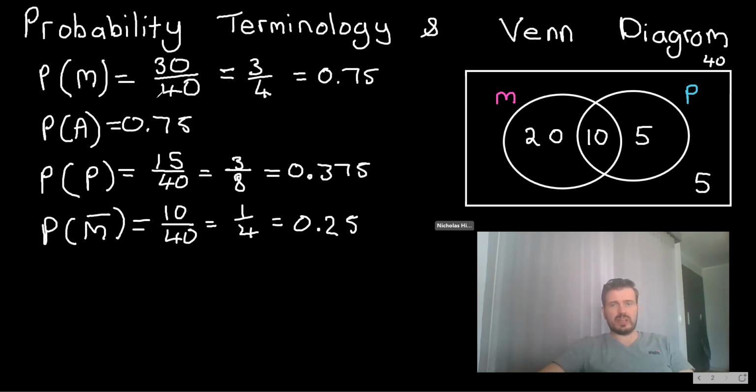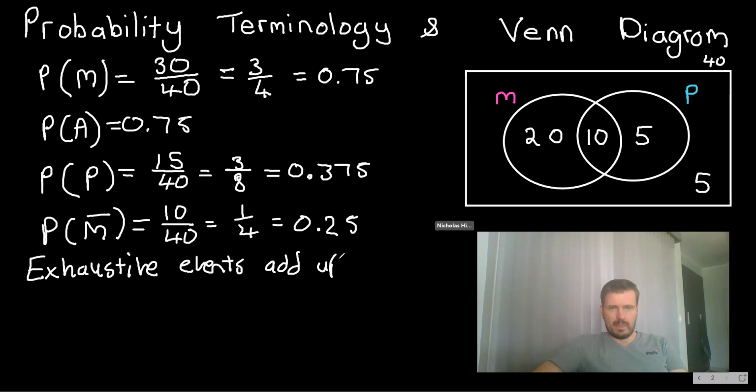So exhaustive events add up to 1. So I'm just going to say that P equals 1, probability equals 1.